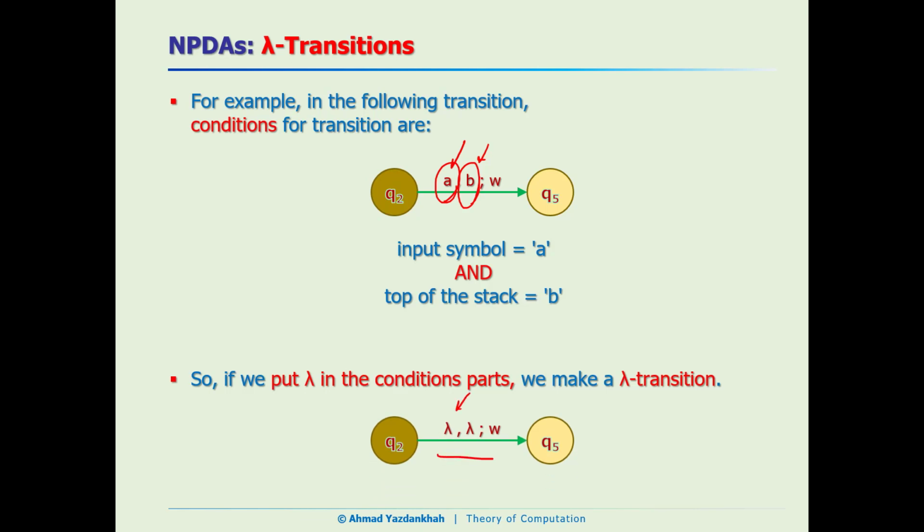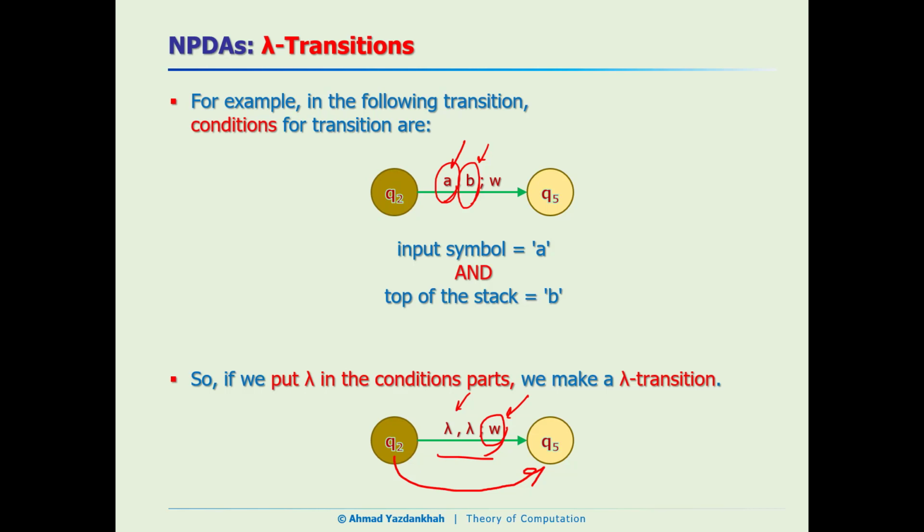Even though this is a lambda transition, where the machine can unconditionally move from Q2 to Q5, it needs to do something: it needs to push this W. W is a string, whatever we put here.